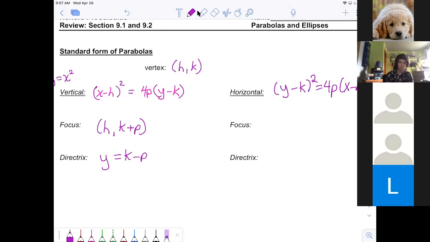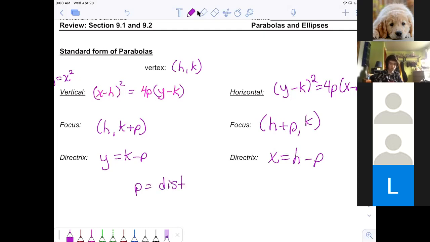So you have the graph moving horizontally left or right, and it's not a function because you have one x and two y values, but it goes horizontally. Since it's a horizontal graph, when you look at your focus, the x value is the one that's changing. And again, p is the distance from the vertex to the focus or the directrix.